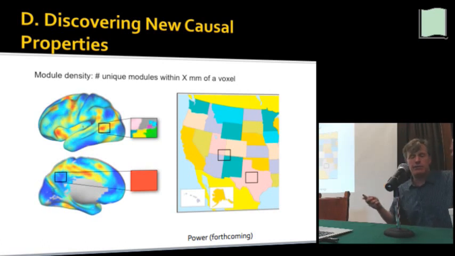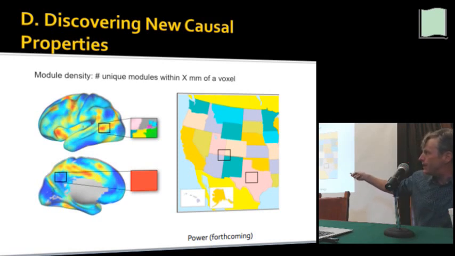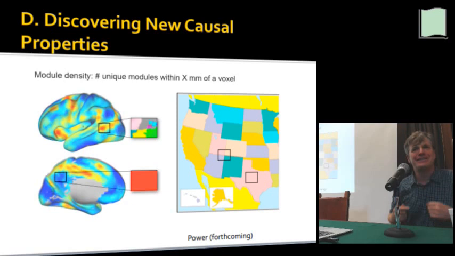So they took people who had damage to an area like this, where there are many different systems represented in that area, and people who had damage to an area like this, where there's just one system thought to be in that area, and then they sent to clinicians a request. Tell us how disabled you would expect this patient to be based on the location of this lesion and the size of the lesion.